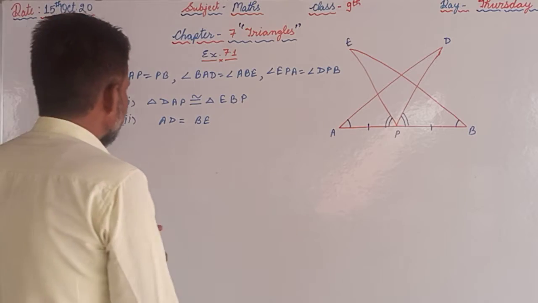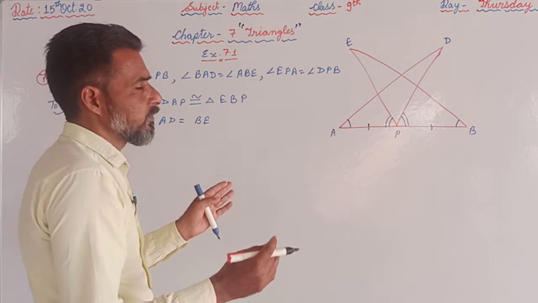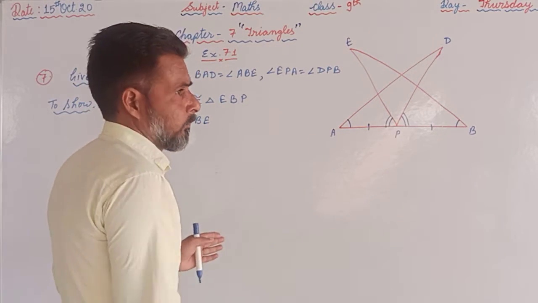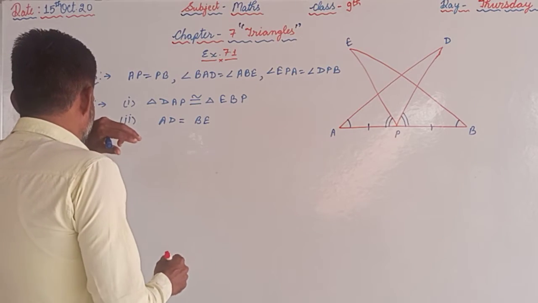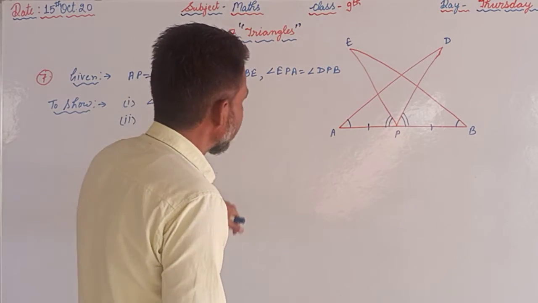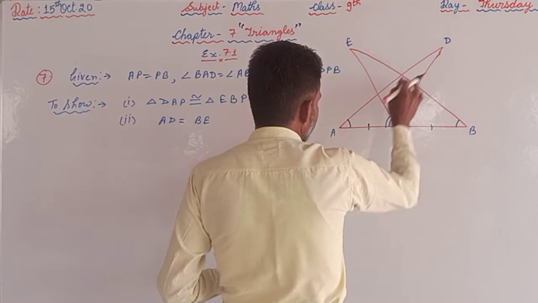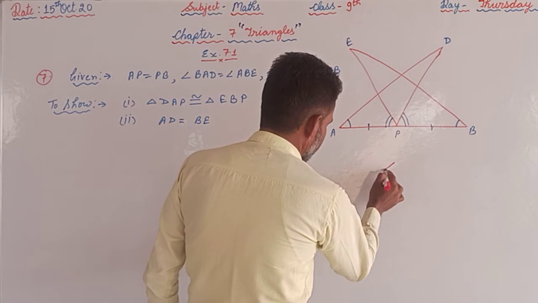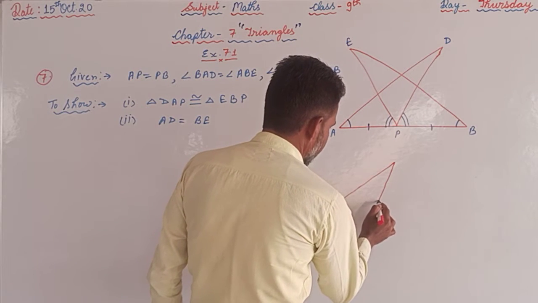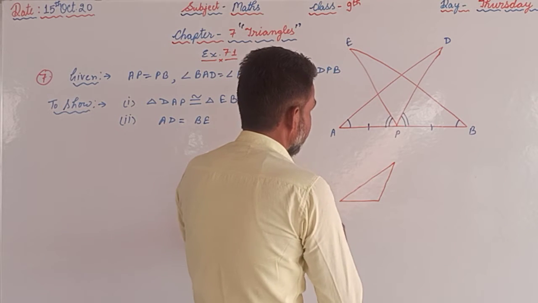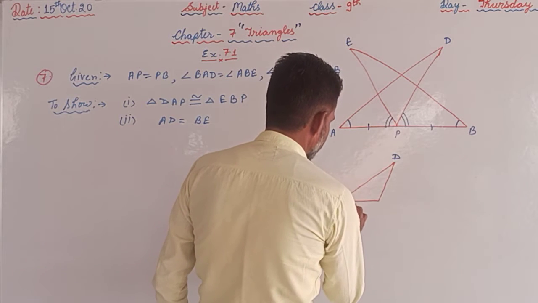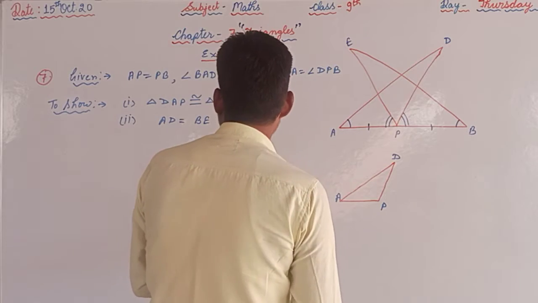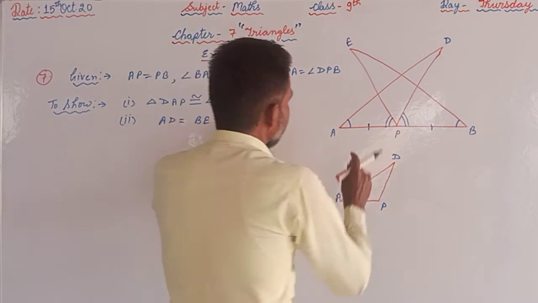So first of all we are supposed to split the triangles which we are supposed to prove congruent, that is DAP means that triangle is like that. Rough figure we can draw, DAP, and triangle EBP.